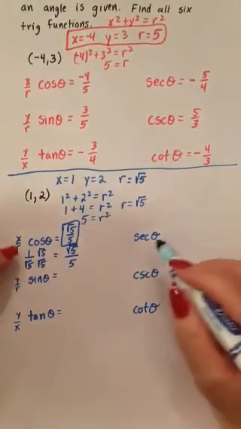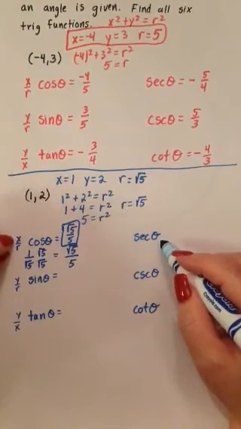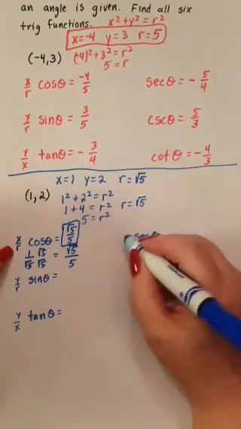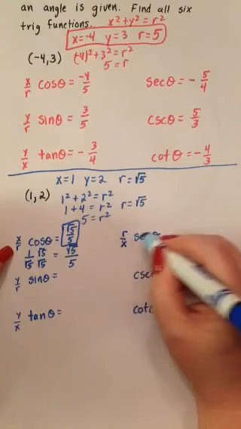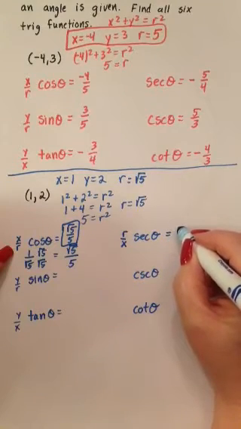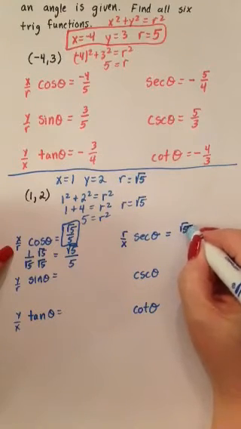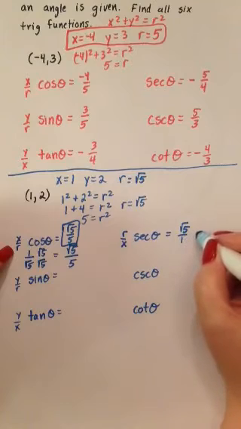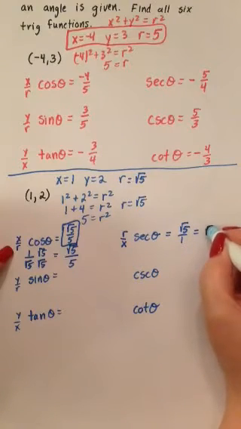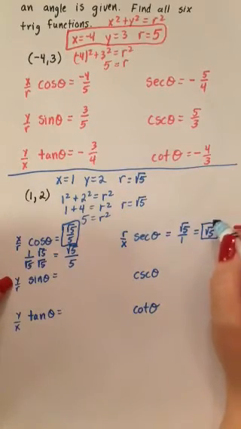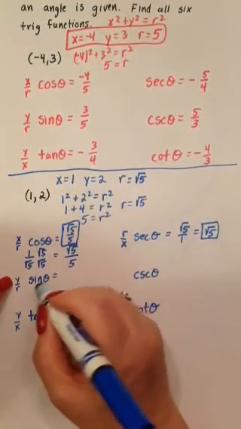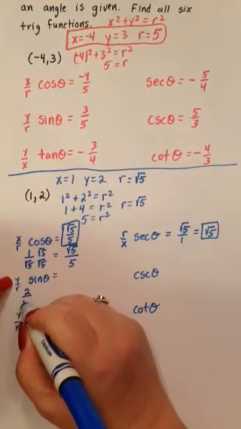Okay? Now secant is the reciprocal of x over r, and it's r over x. And so it's just going to be square root of 5 over 1, which is just square root of 5. Sine is y over r, and so that will be 2 over square root of 5.